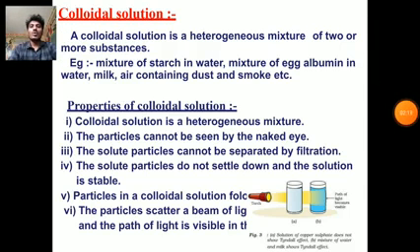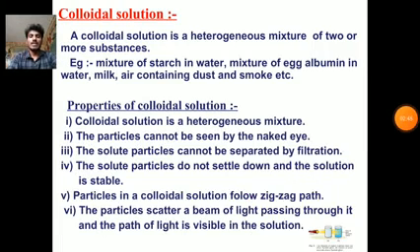Next one is colloidal solutions. A colloidal solution is a heterogeneous mixture of two or more substances. For example, a mixture of starch in water, egg albumin in water, milk, or air containing dust and smoke, etc. And the properties of colloidal solutions. The colloidal solution is a heterogeneous mixture.